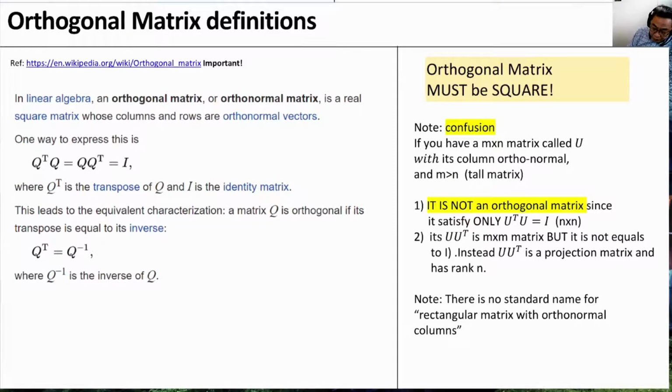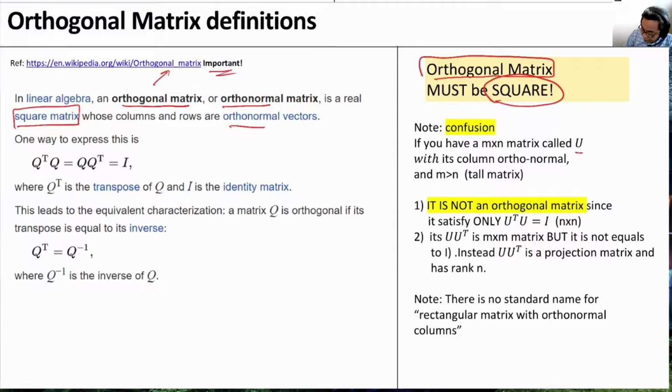You can take a look at the Wikipedia definition. An orthogonal matrix has orthonormal columns and it is a square matrix. Now, there are some confusions about the word orthogonal matrix. First, remember that an orthogonal matrix must be square.